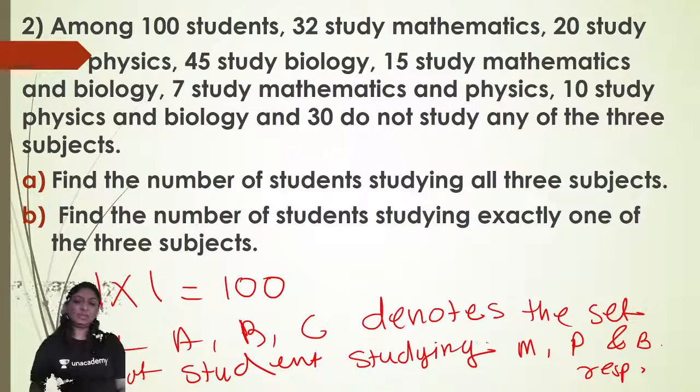It means A denotes the students who study mathematics, B denotes the students who study physics, and C denotes the students who study biology. Now we will write one by one.